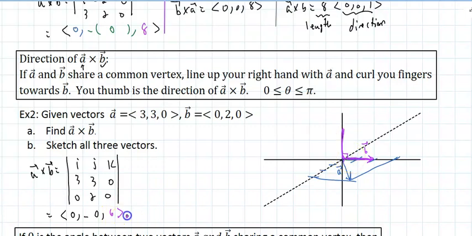Well, 0, 0, 6 is A cross B. Do we agree that this vector right here is perpendicular to both A and B? So if vector A and vector B happen to be on the floor, the perpendicular to the floor is going straight up. We call that normal.